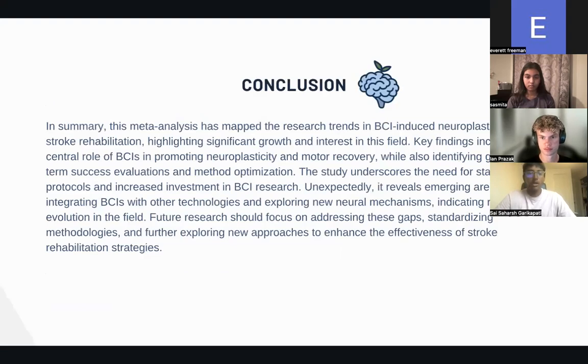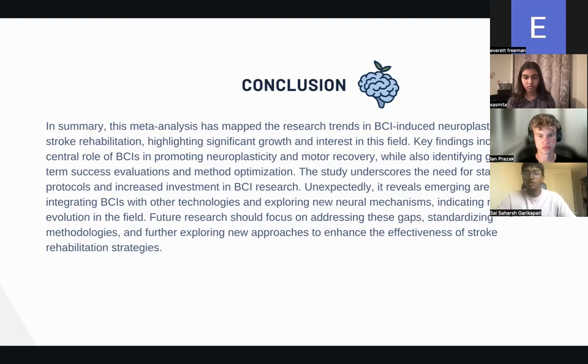Conclusion. In summary, this meta-analysis has mapped the research trends in BCI-induced neuroplasticity for stroke rehabilitation, highlighting significant growth and interest in this field. Key findings include the central role of BCIs in promoting neuroplasticity and motor recovery, while also identifying gaps in long-term success evaluations and method optimization.